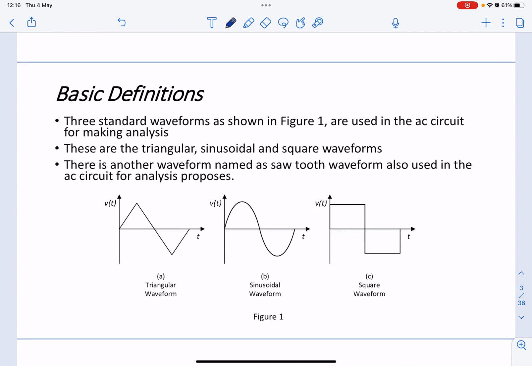So, basic definition. 3 standard waves, as shown in figure 1, are used in the AC circuit for making analysis. These are the triangular, sinusoidal, and square waves. There is another waveform named as sawtooth waveform, also used in AC circuit for analysis purposes.